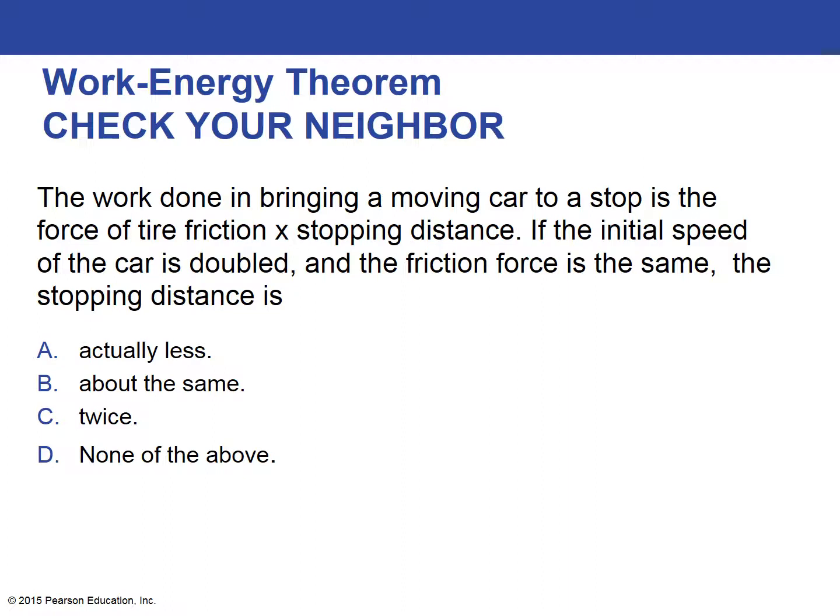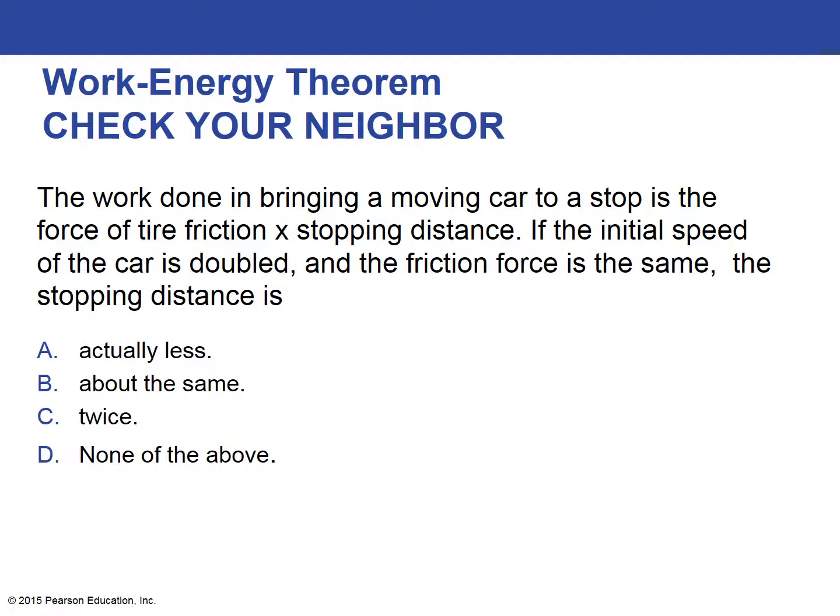Now, this question asks us to consider two cases, one in which the car has some initial speed, which we will say is 10 meters per second, and the other one is the same car or a similar car of the same mass having 20 meters per second as its initial velocity.